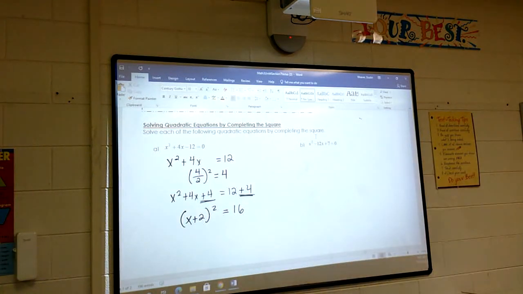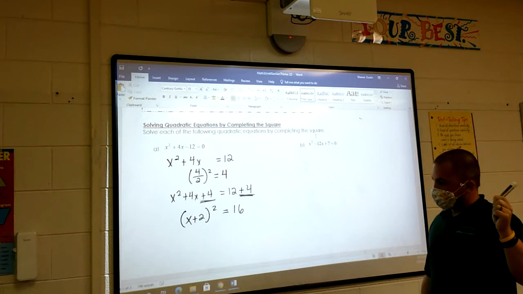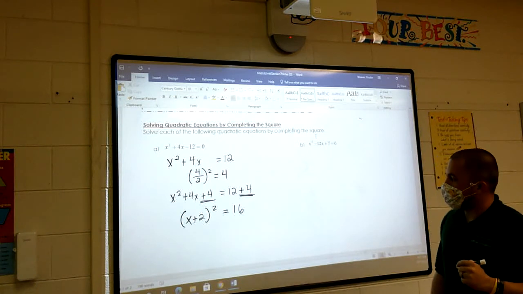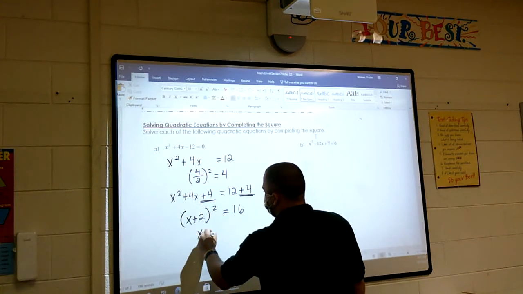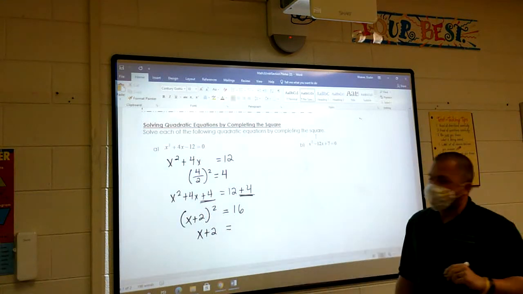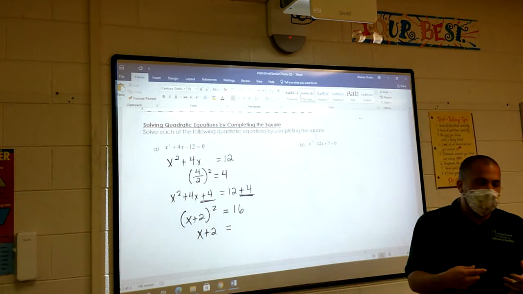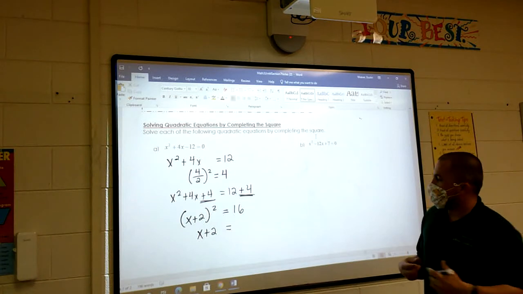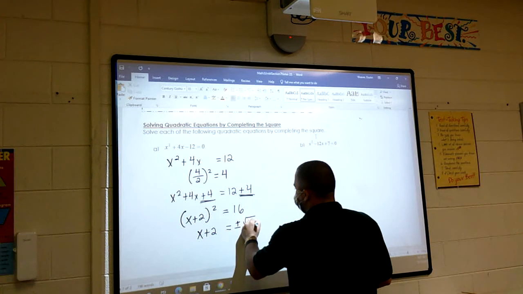And we want to solve for x, but it's squared, so what do you have to do if it's squared? You've got to take the square root to get rid of the squared. So x plus 2 equals, now, anytime you take the square root of a number, it could be the positive or the negative, because in this case, it's going to be plus or minus the square root of 16.